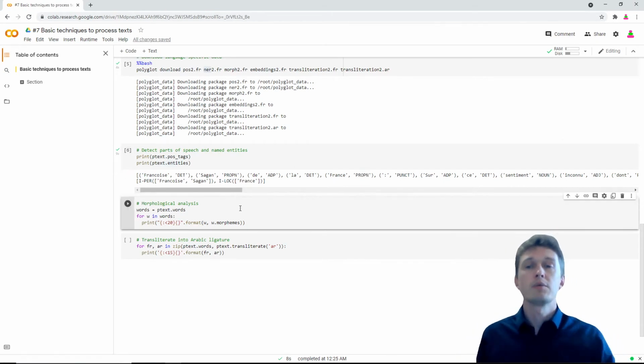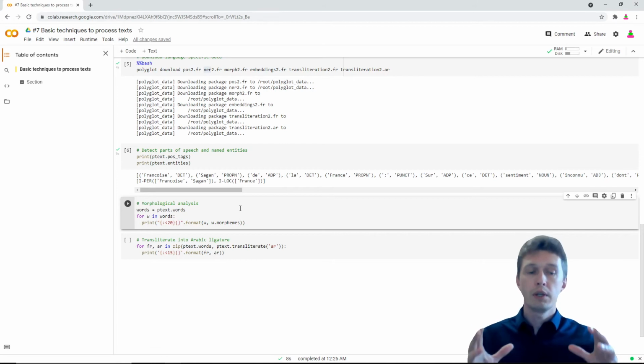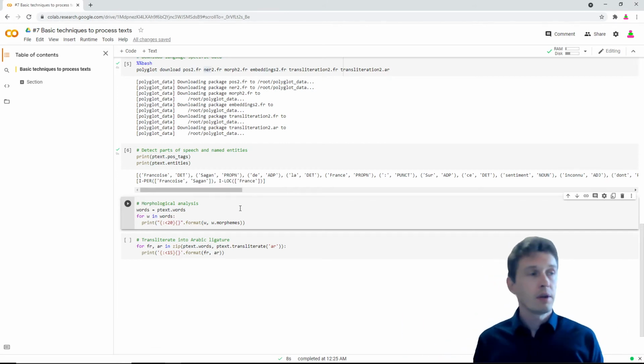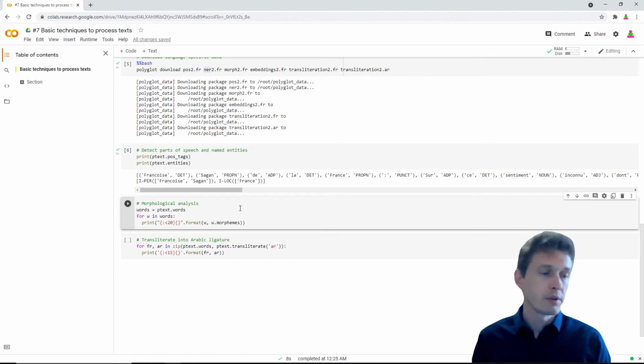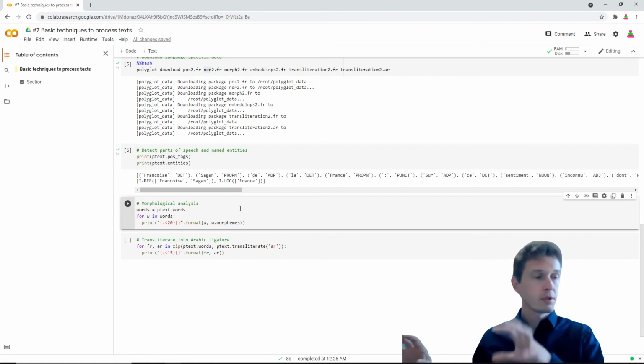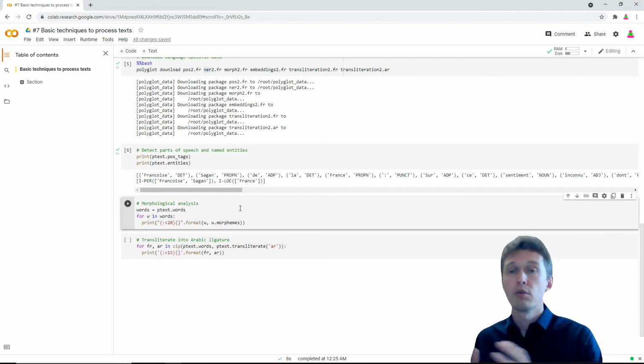Next we come to morphological analysis, and this is what we did before, we dissected our text into sentences and words. And further, words are also flexible. For instance, unbelievable consists of un, believe, and able, which are all separate meanings. So we will further dissect our words into meaningful parts.